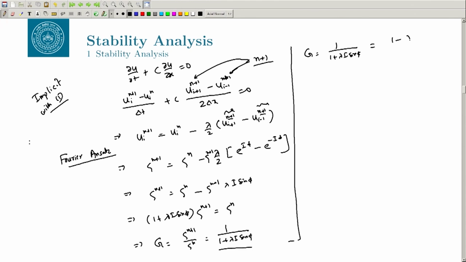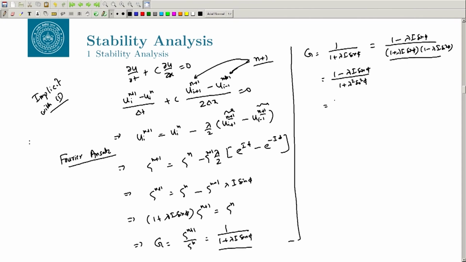So, that will become 1 minus lambda I sin phi, and this is 1 plus lambda I sin phi, 1 minus lambda I sin phi. So, that will become 1 minus lambda I sin phi by 1 plus lambda square sin square phi, right, this term. We have done that already, okay.